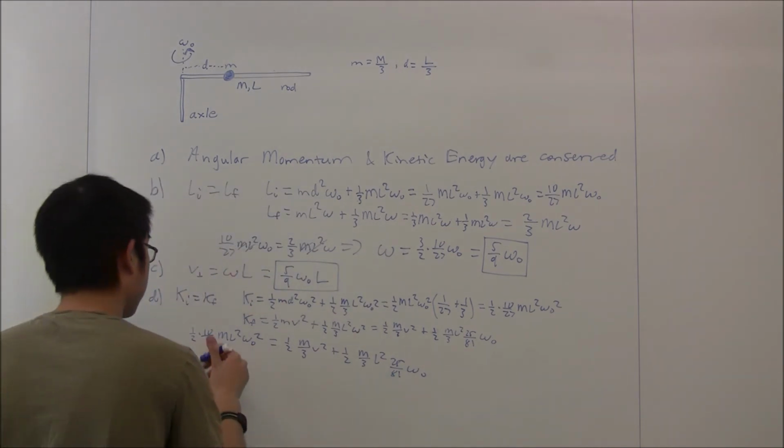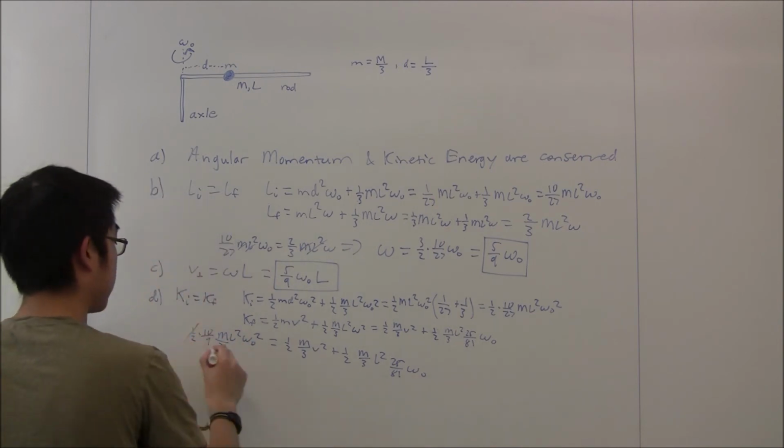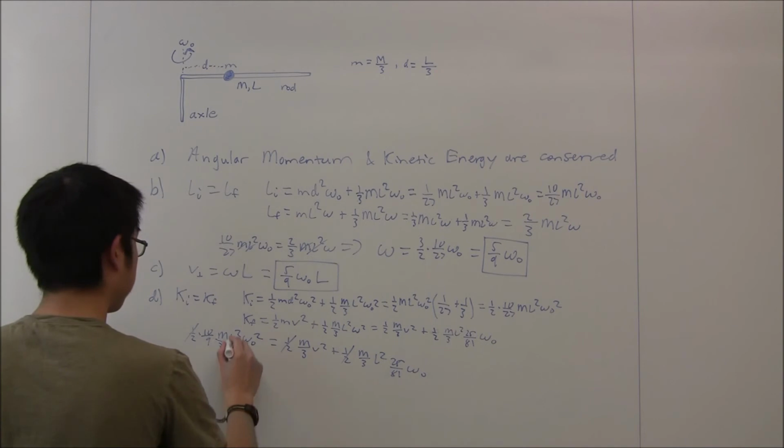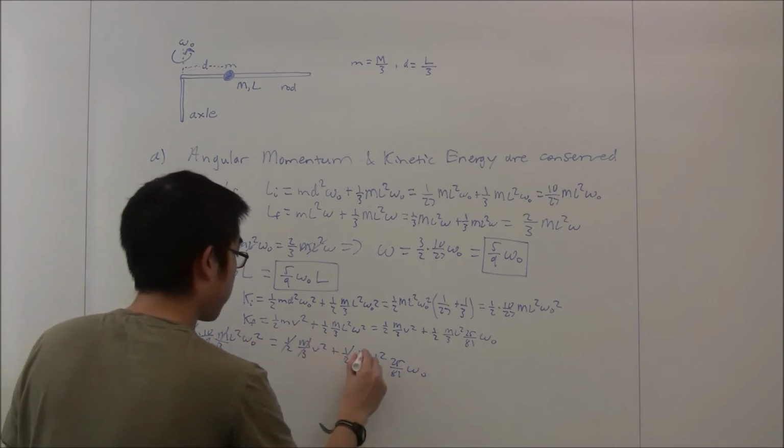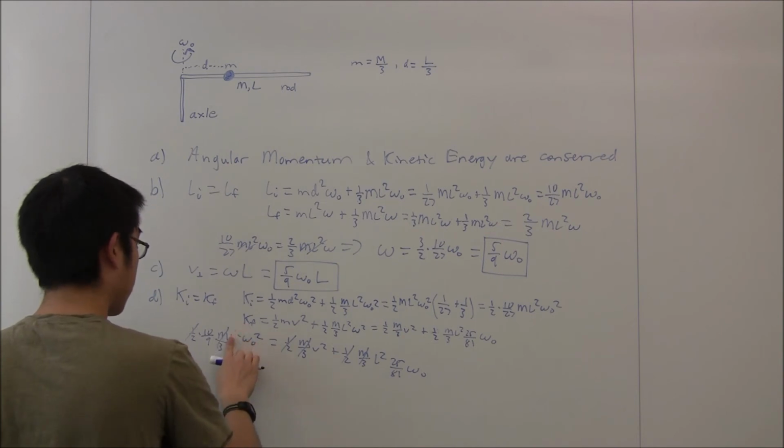So we're going to write this as 10 over 9 M over 3, so we can clearly see that we can cancel out the 1/2 and the big M over 3, but not the L squared.